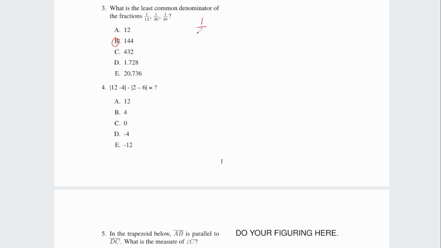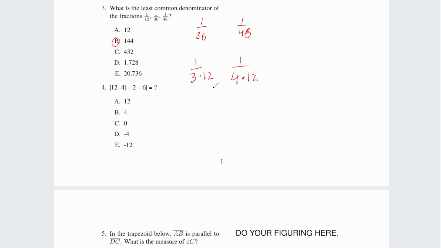we say 1/36 and 1/48. And we know that these both equal 1/3 times 12 and 1/4 times 12.